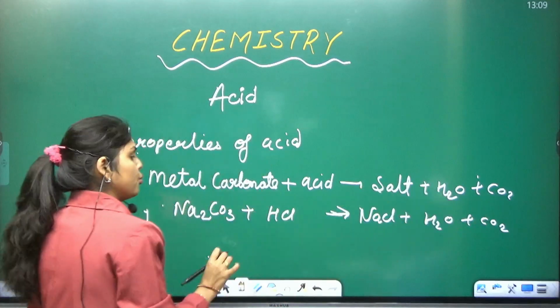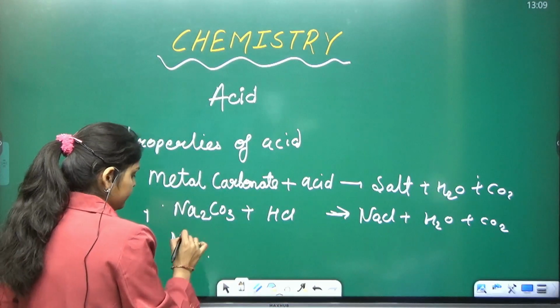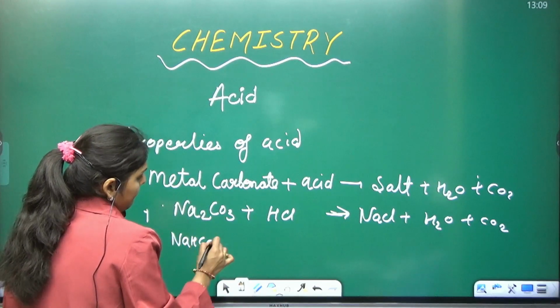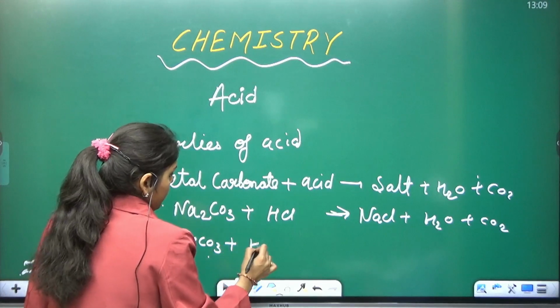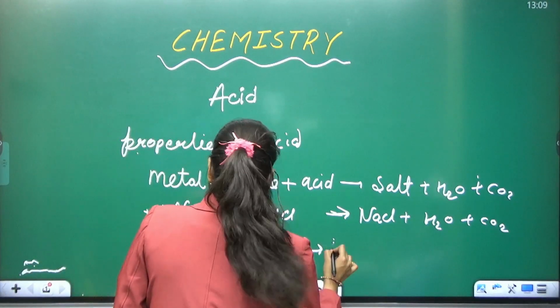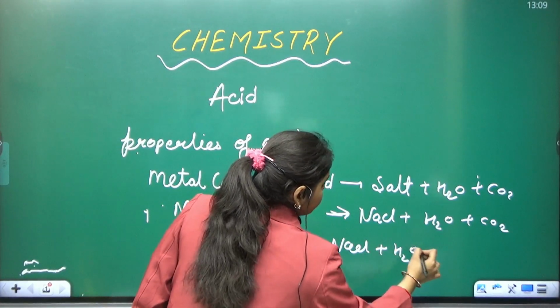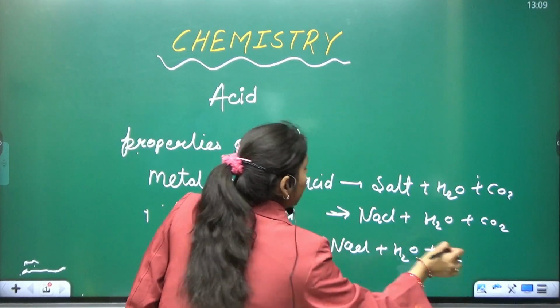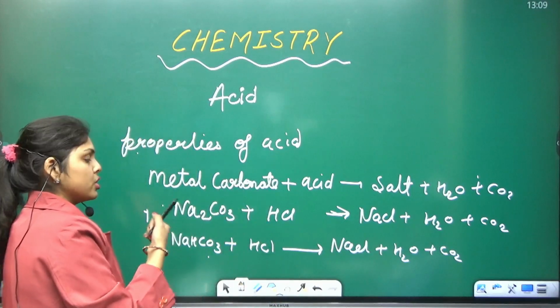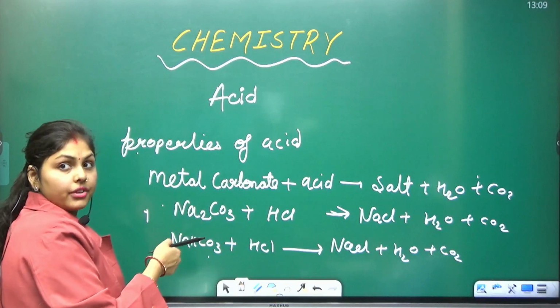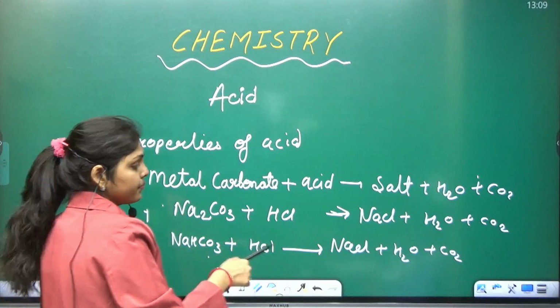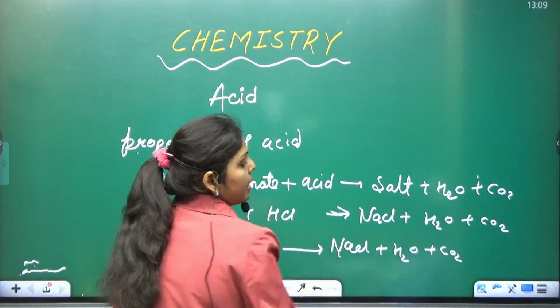The same reaction you get with the hydrogen carbonates. These give NaCl plus H2O. So metal carbonates and metal hydrogen carbonates on reacting with acid give salt, water and carbon dioxide.